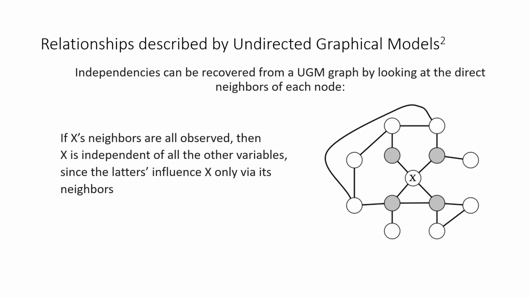If the direct neighbors of each node are all observed, then x is independent of all the other variables given the values of x's friends, and that's how we identify independencies in the undirected graphical models. That's why cliques are important here, because the cliques will tell you which are the neighbors.